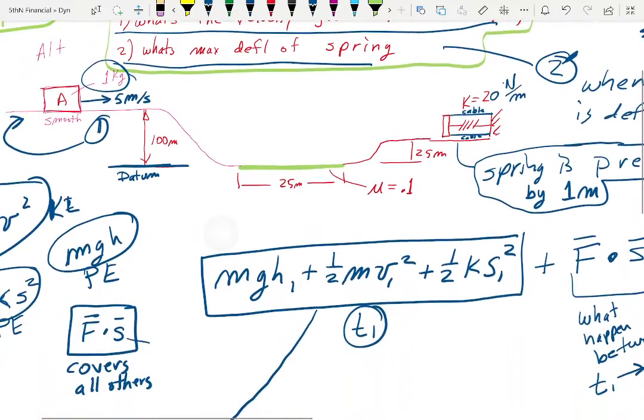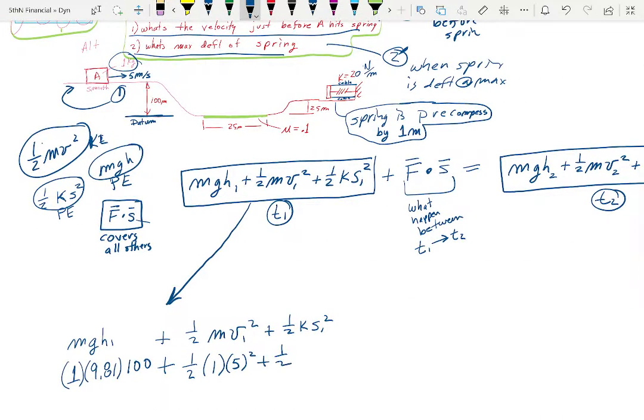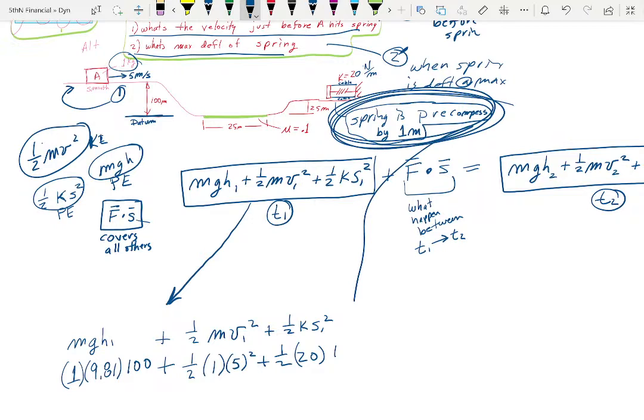And it's pre-compressed with a 1 meter, or plus 1/2. My k, I changed it to 20. And it's pre-compressed by 1 meter. That's easy to do, squared.